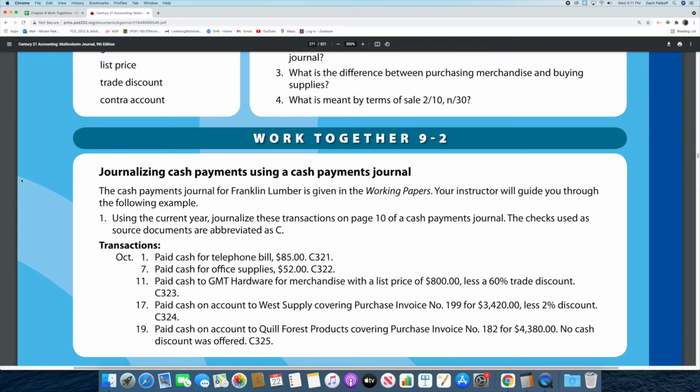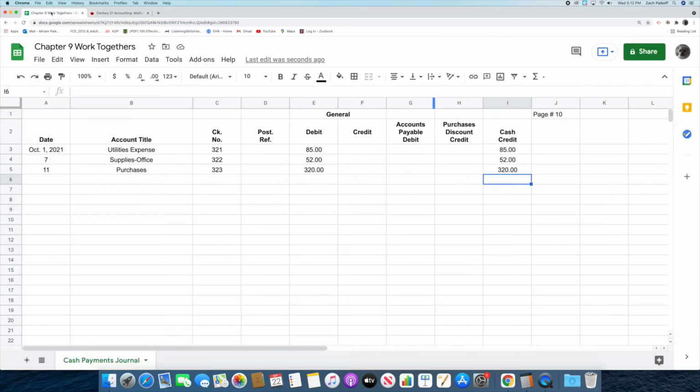This next transaction reads, on October 17th, paid cash on account to West Supply covering purchase invoice number 199 for $3,420 less a 2% discount, check number 324. All right, so for this transaction, again, the first thing that we're going to do is put in the date, which is October 17th, in the date column.